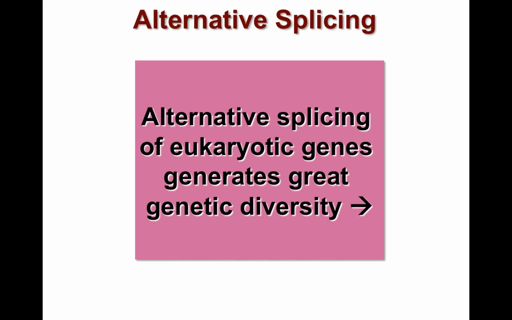One very interesting feature of the human genome, or a higher eukaryotic genome, is that we can produce many more polypeptides per genome than we have genes for. And one of the ways that that's accomplished is by alternative splicing.